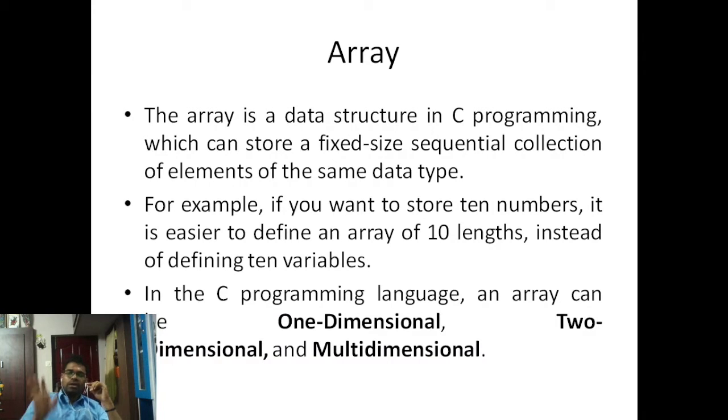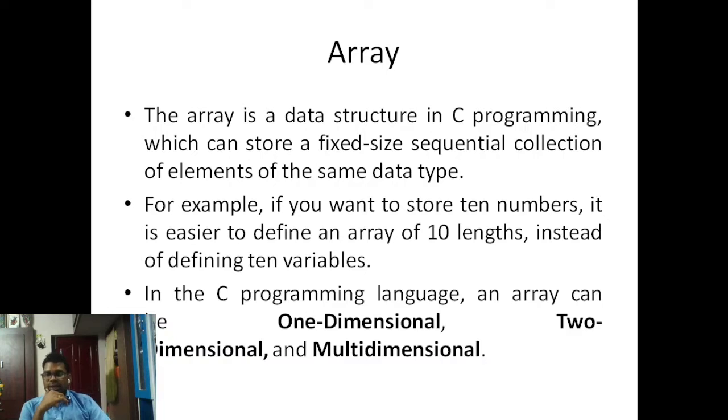You can declare an array of characters, which is called a string, an array of numbers, an array of integers. It cannot hold any other values. If you declare it as integer, it can hold only integers. That's the way it works.